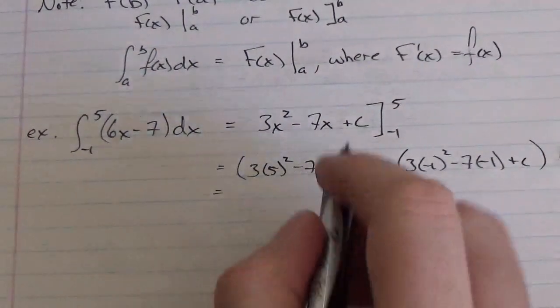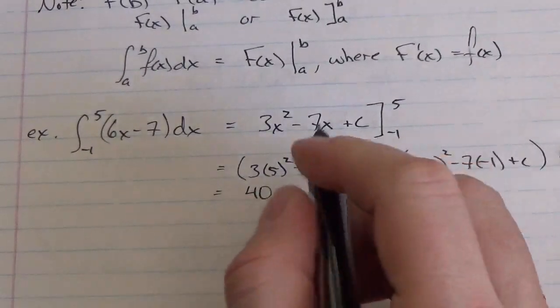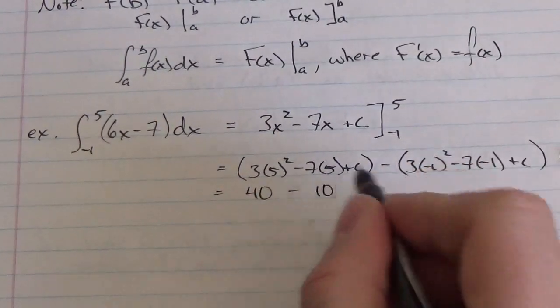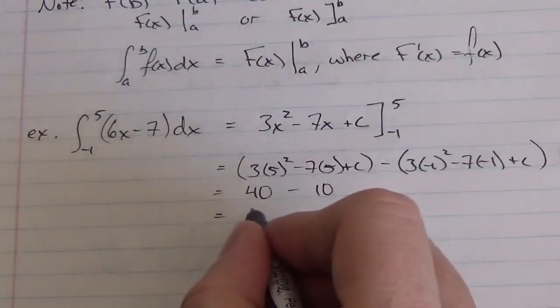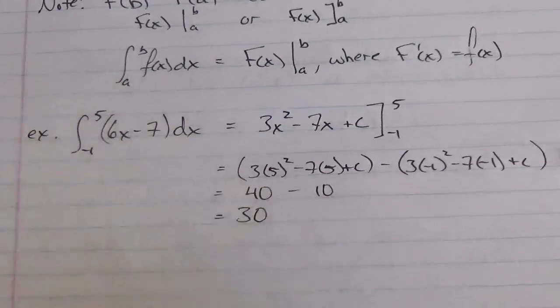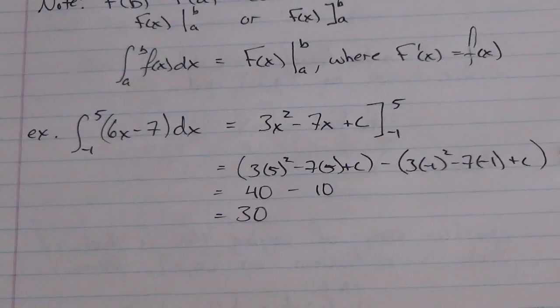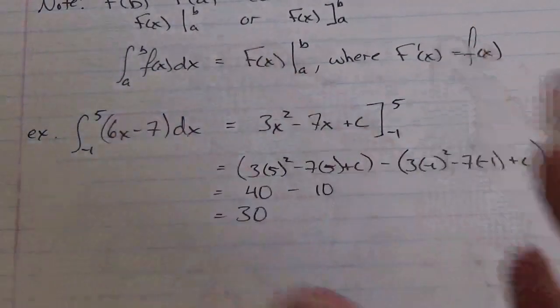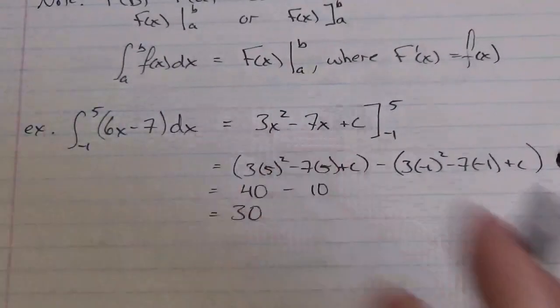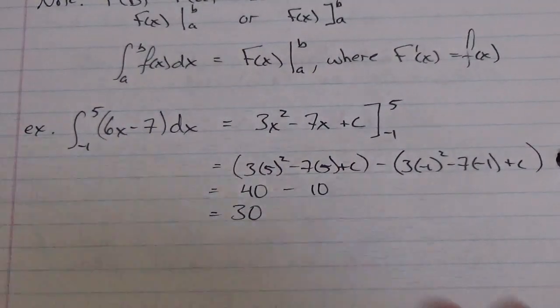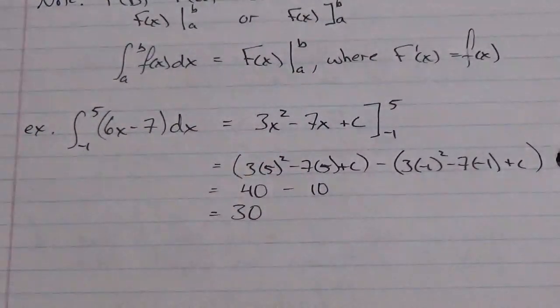And when I do that, this is all going to become 40, assuming I did that right on the paper just off to my side here. This is going to become 10, and altogether I'm going to get a value of 30. Now, is that the area under the curve? Is that the difference between the areas? Well, until you take a look at what that graph looks like, hard to say. But that's the value of that integral. And that is a definite integral.